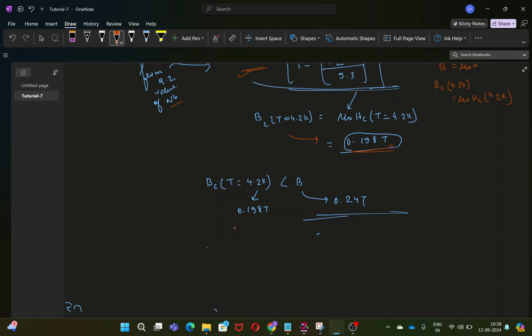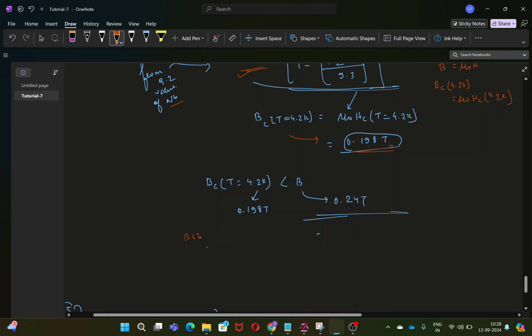That means, by the critical field application, even if we are below Tc, we have already transformed the niobium from a superconductor to a normal metal, because this field is greater than the critical field, and so it will break the Cooper pairs inside the superconductor, and as a result it will be turned into a normal metal.